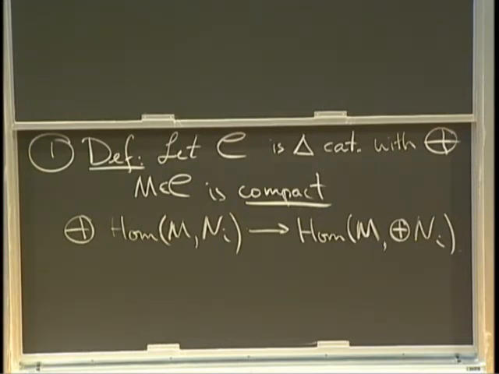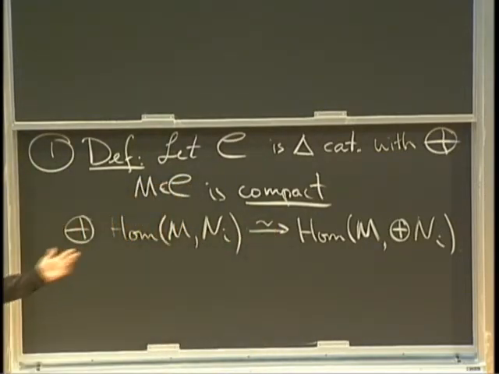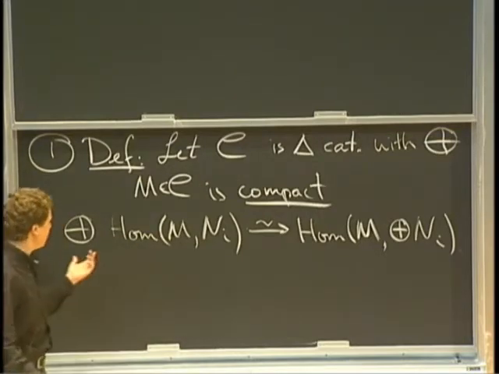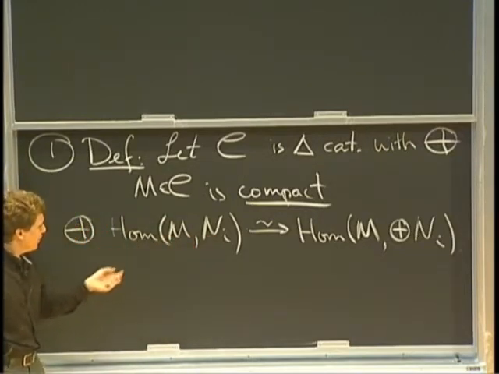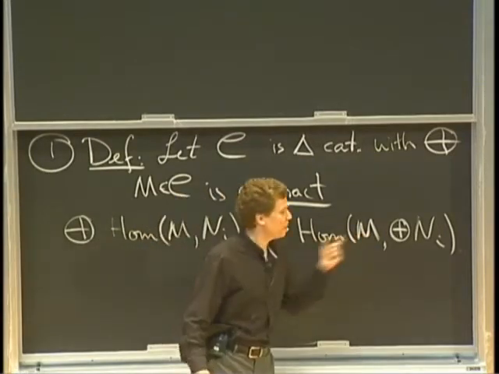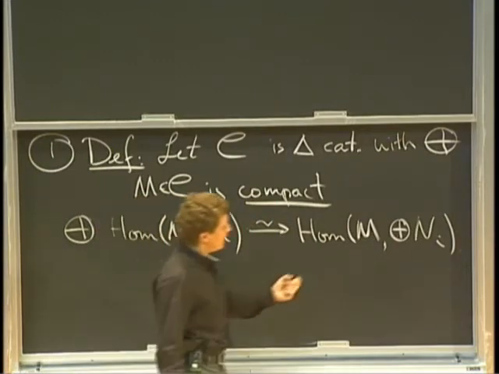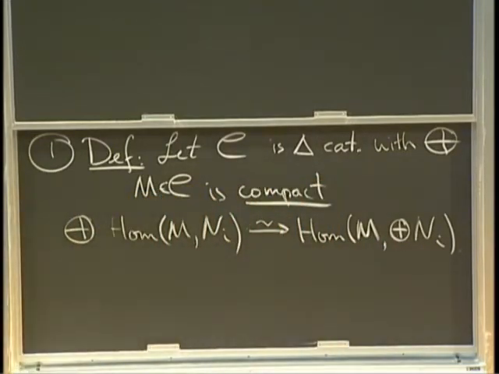And the condition is that this map is required to be an isomorphism. The condition is non-vacuous only if the family is infinite. On the left-hand side, you're only allowed to consider M mapped into finitely many N_i. So what this condition basically says is that a map from M into a direct sum must land in a finite direct sum only.